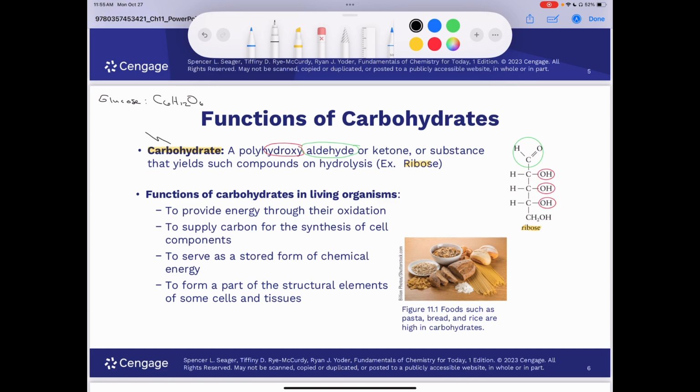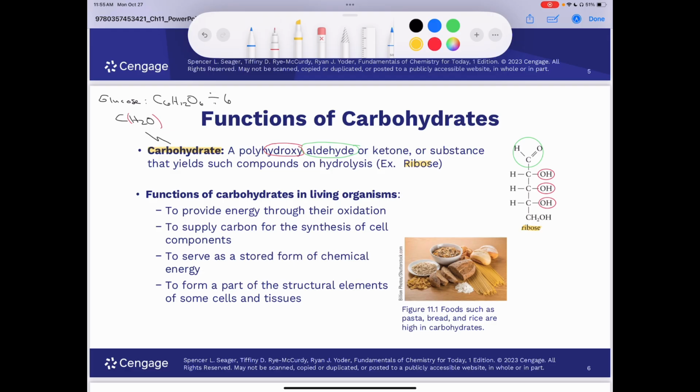It has 6 carbons, 12 hydrogens, and 6 oxygens, but its empirical formula would be CH2O. If you divided the entire thing by 6, you'd get 1 carbon, 1 oxygen, and 2 hydrogens. That's where the word carbohydrate came from, because the first carbohydrates that were discovered had one water molecule for every carbon. This is not true for all carbohydrates, but that's the history behind the name.